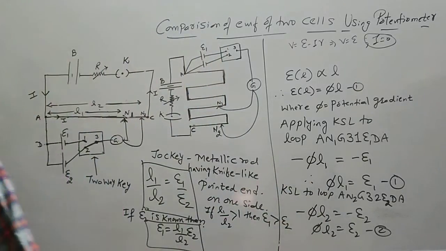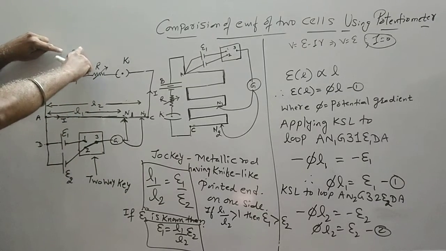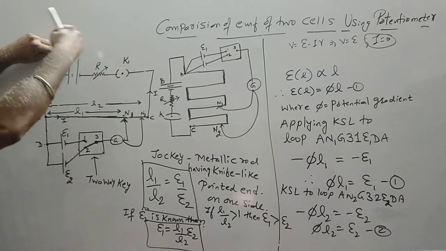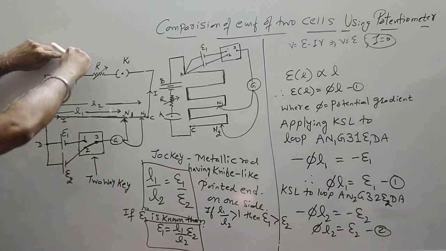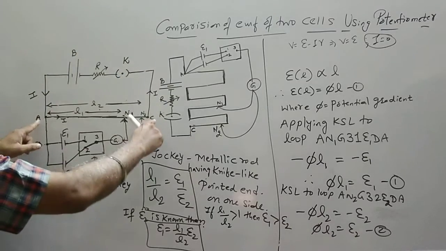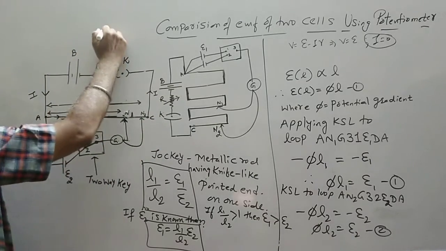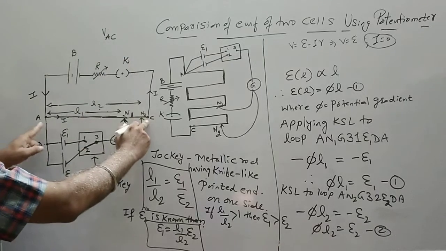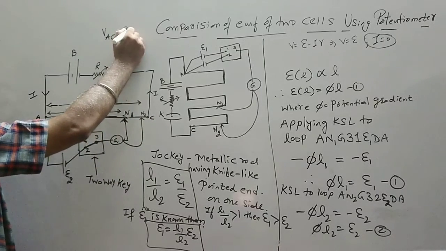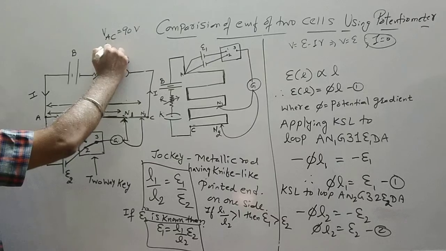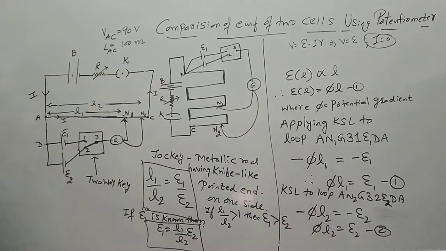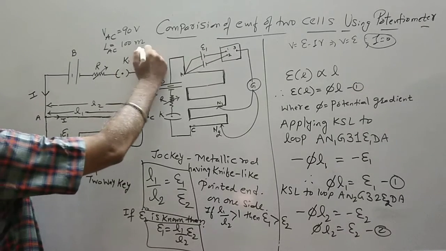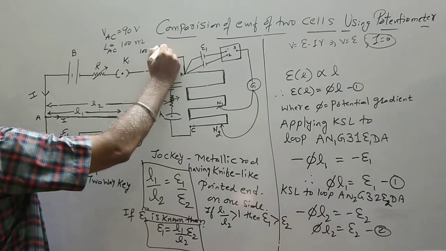So if the driver battery is of 100 volt, the example that we discussed in the last lecture, and if the potential difference across this potentiometer wire is 90 volts, suppose, and the length of this AC wire is say 100 meter, then for 100 meter we get 90 volt.